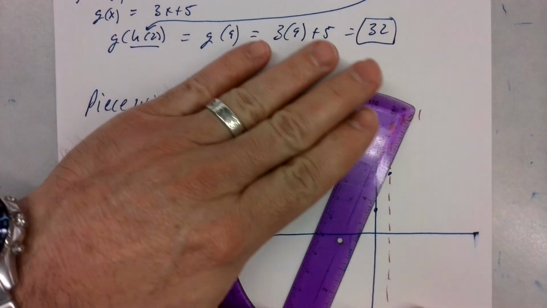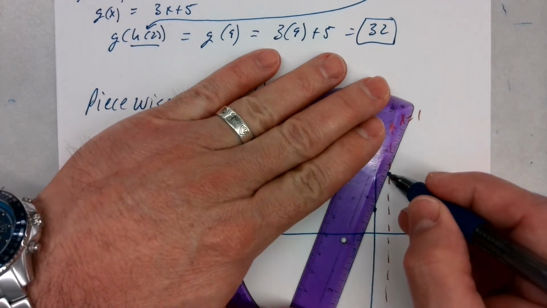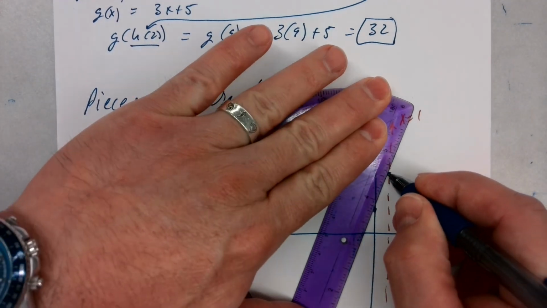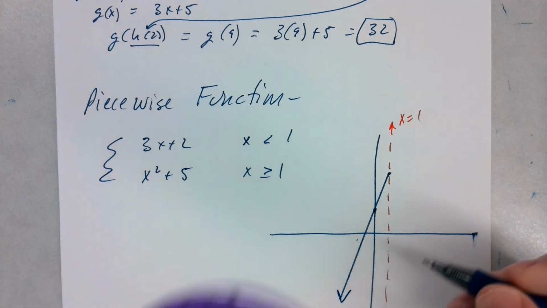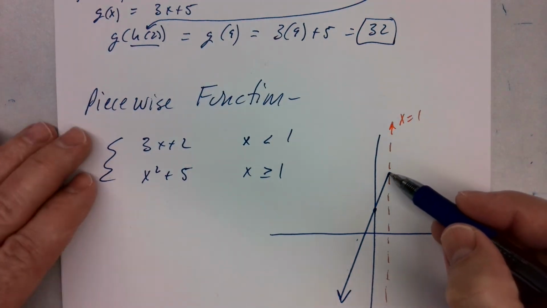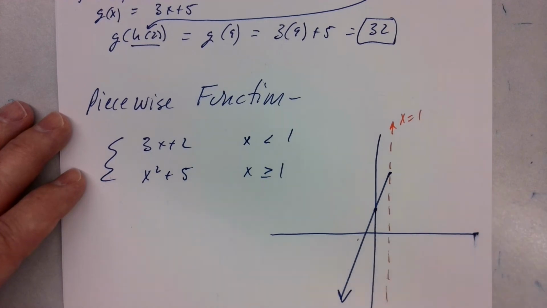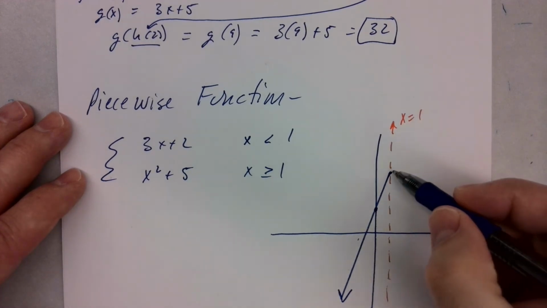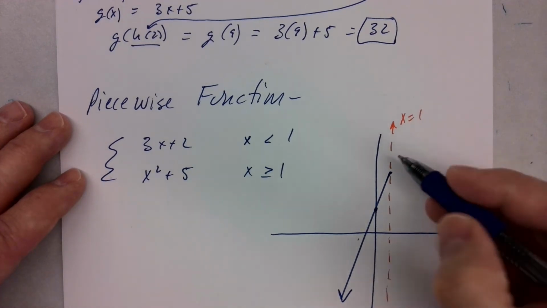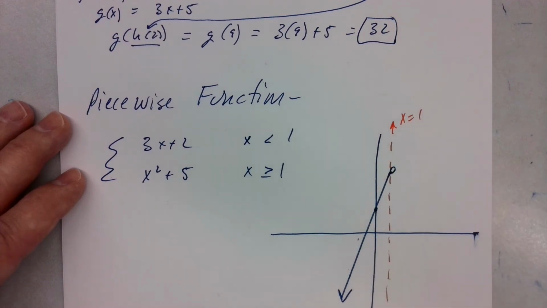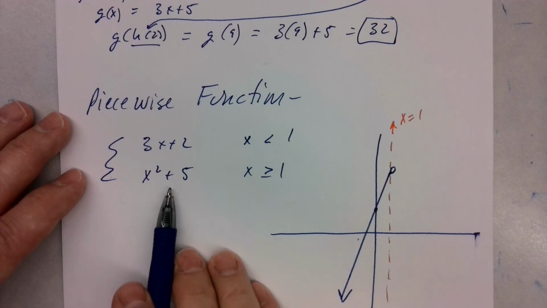So I'm going to come up here and I'm going to basically have this line, and I'm going to have a dotted line. No, the line's not dotted. That's when I did the other kind. This was an open circle. That's the part of it that's dotted. Okay. Then I'm going to go where?